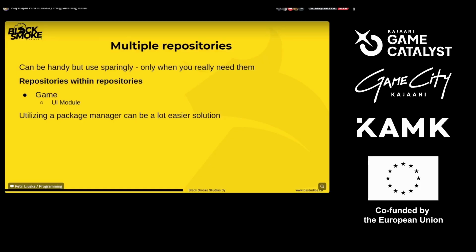And a lot of the time, utilizing a package manager can be a lot easier solution. So you can even have your private company repository where you have different kinds of modules, and then in your repository you just define which packages to include. You can use a package manager, and that supports GitHub directly, for example, so you can have some packages in your repositories, and that works probably well enough for most people.